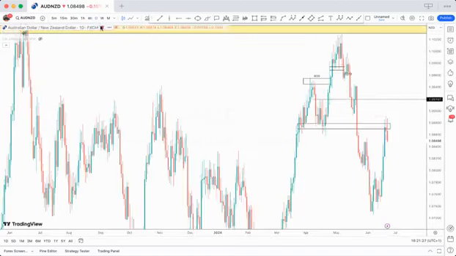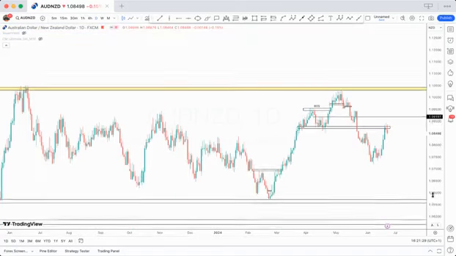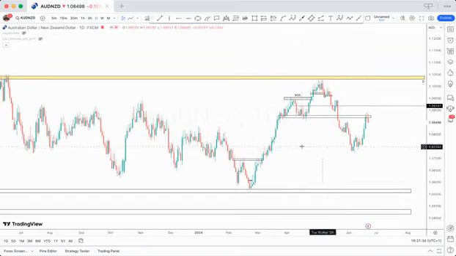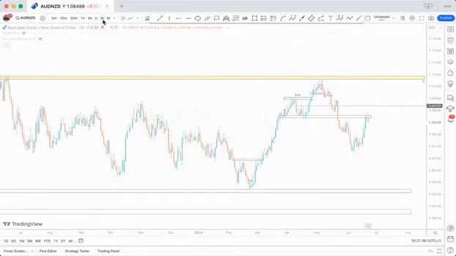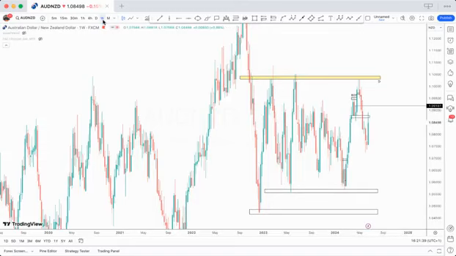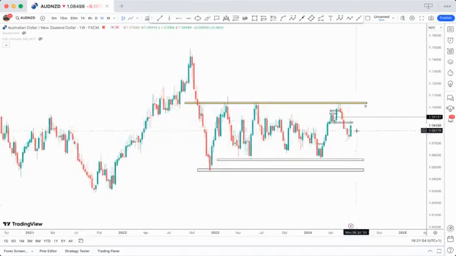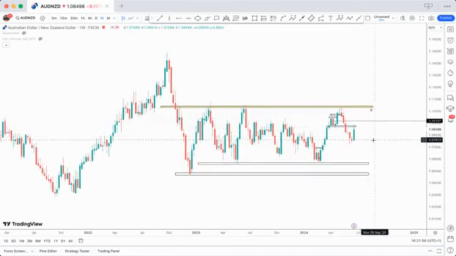Let's go to daily. So this is daily. Okay, so let's go down to the weekly, so you can see the much bigger picture. So this is weekly, and you can see last week actually went bullish, where we are most likely having a consolidation between two levels, the support level and the resistance level.